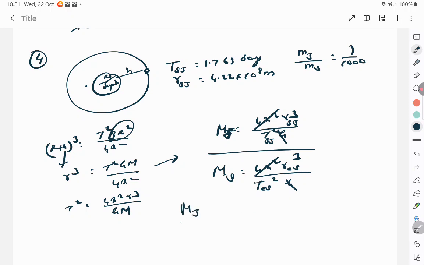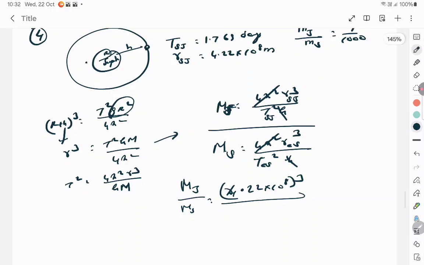Thus mass of Jupiter by mass of the Sun is the radius of the orbit of the satellite around Jupiter, which is 4.22 into 10 to the power 8 the whole cube, by the time period of Jupiter's satellite, which is 1.769 days.